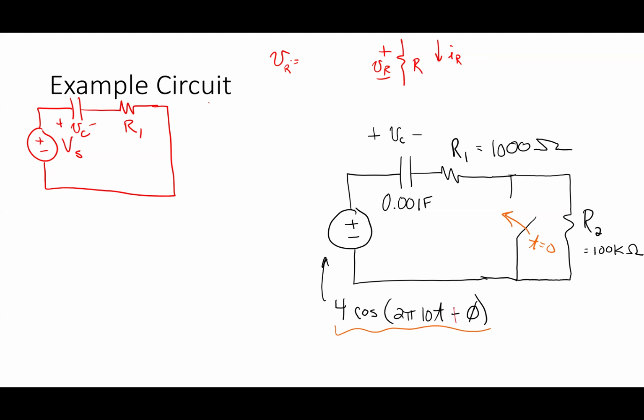What's VR equal to for that resistor? Just I times R. Exactly. Not that complicated. Now, what if I had made the current go out of the plus sign? What would have been different? Yeah, VR equals negative I times R.